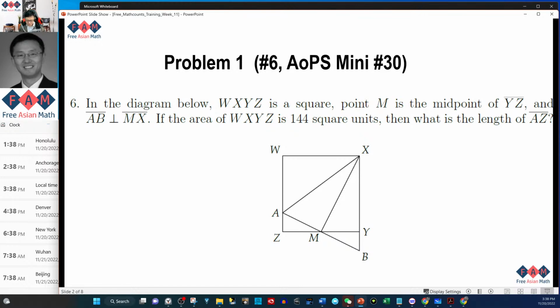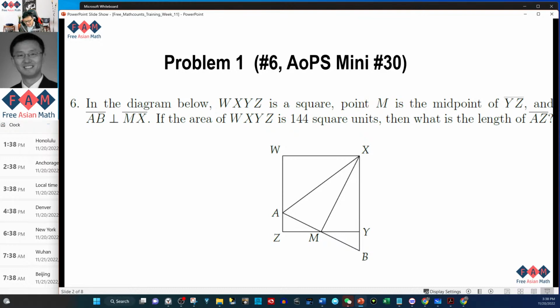Because the two triangles are similar. So AZ over ZM is the same as MY over YX. And what is MY over YX? We already know M is the midpoint of YZ, so that ratio is just 1/2.